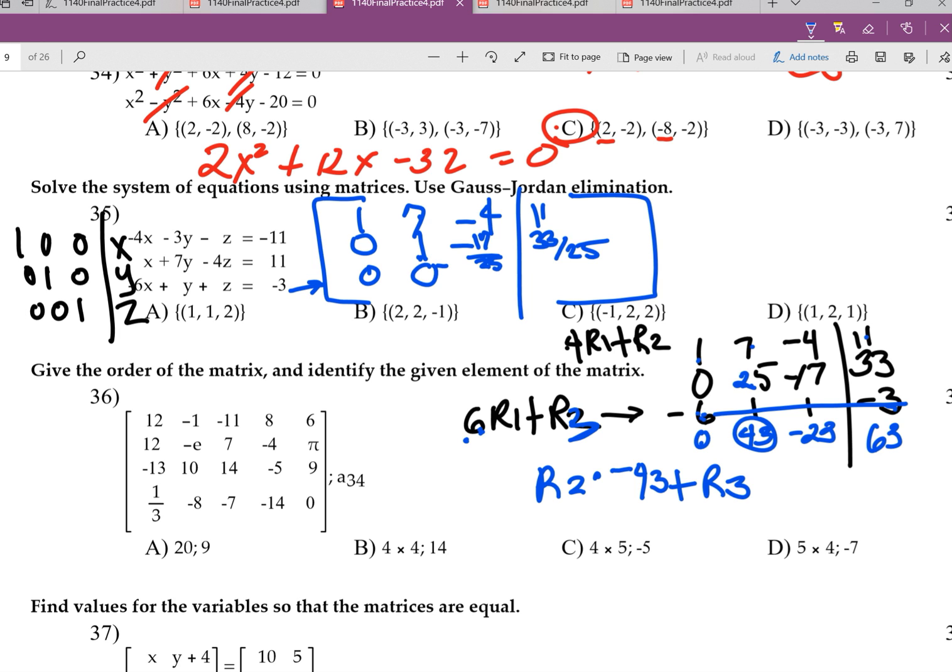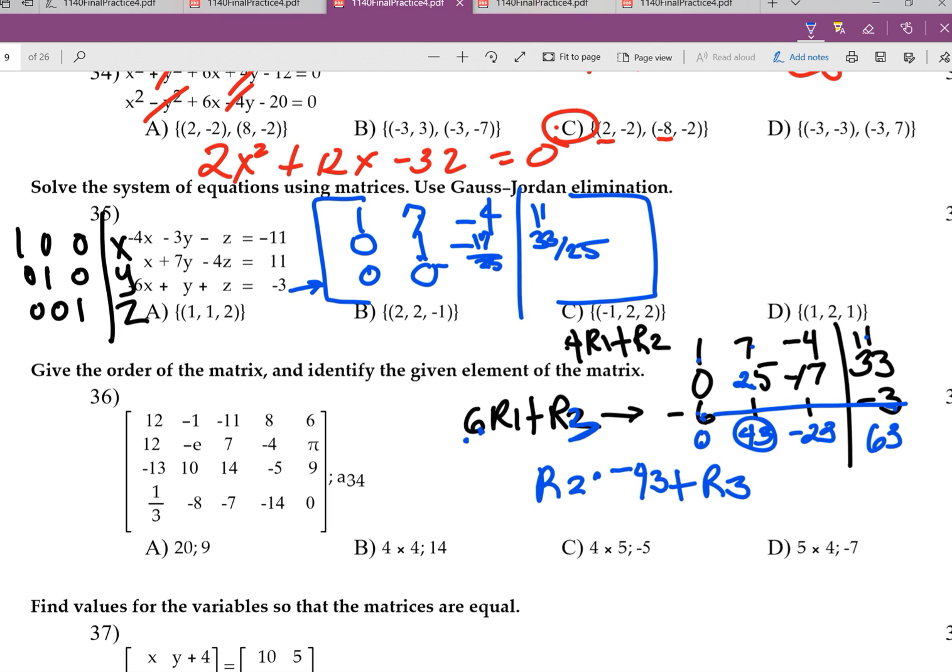And now I've got some hideous numbers coming my way. I've got a negative 17 divided by 25, because that's my row 2, times negative 43.